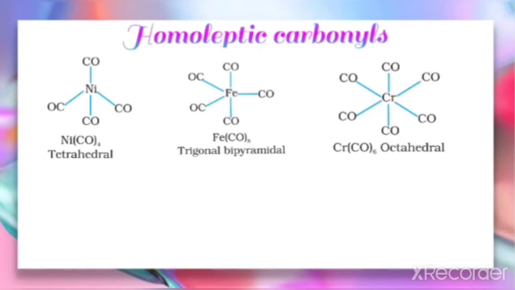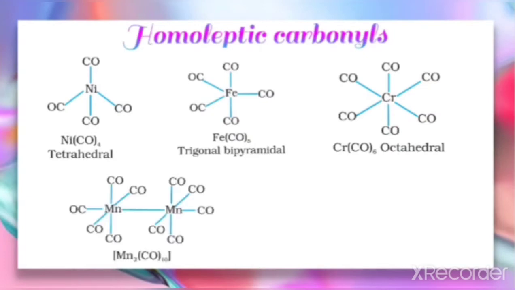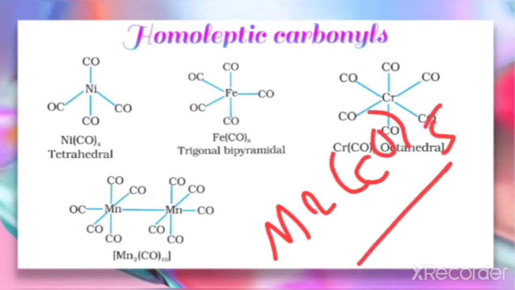But there are some other types of examples that we need to discuss. The example is decacarbonyl dimanganese(0). Here 2 Mn(CO)5 units, each of which individually has a square pyramidal geometry, get united, bound by an Mn-Mn bond. It is called deca because there are a total of 10 CO groups.